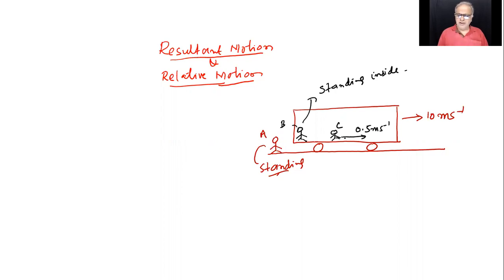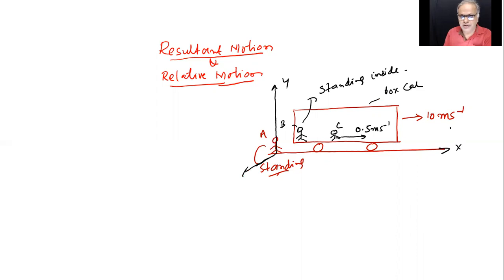So for example, here we'll say that the speed of the carriage, or I can call it a box car, in a reference frame fixed to the ground is 10 meters per second.